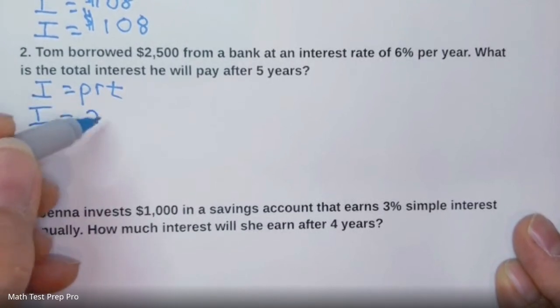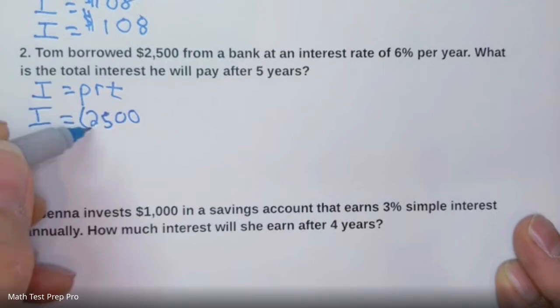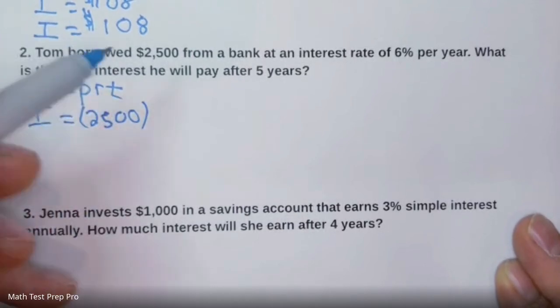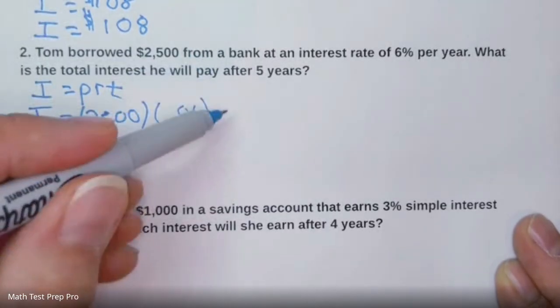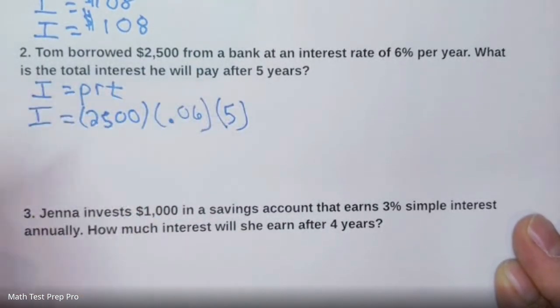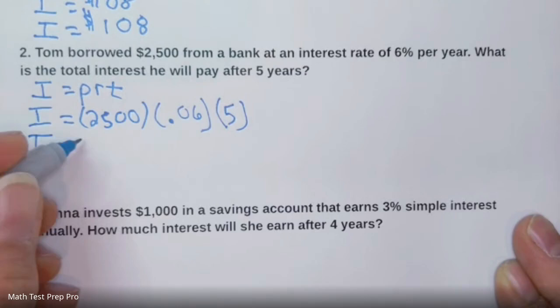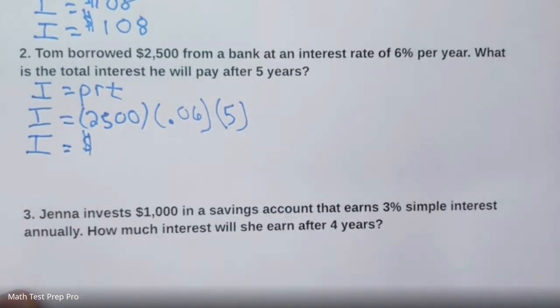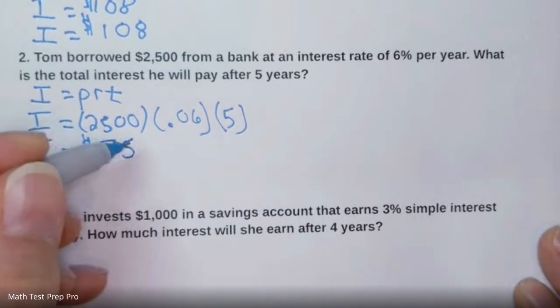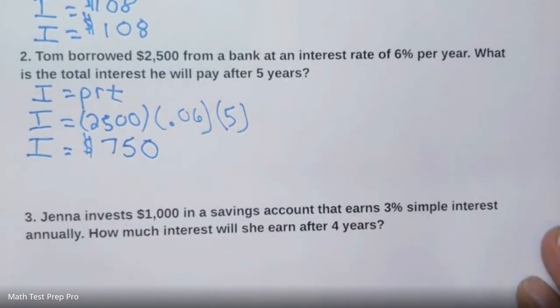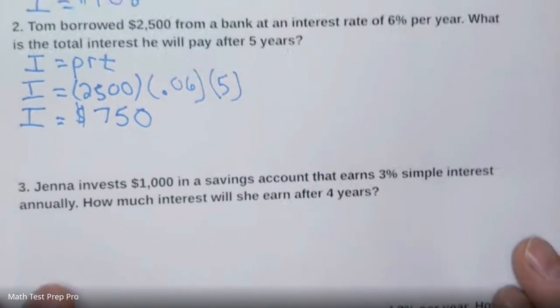Principal is $2,500 times the rate, which is 6% per year in decimal form, 0.06, times time, which is 5 years. Let's multiply that all out and let the calculator do the heavy lifting. That is 2,500 times 0.06 times 5 equals 750. The answer, $750 interest. All right, next one.